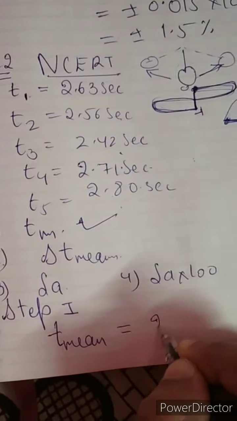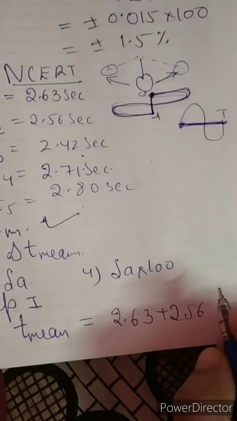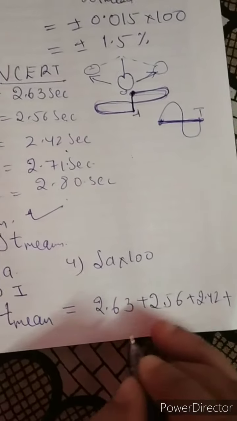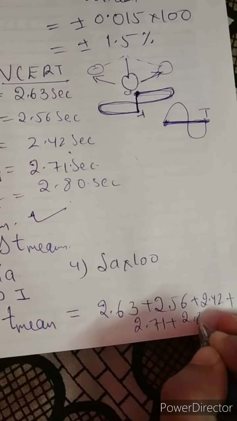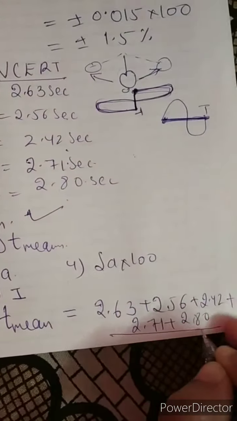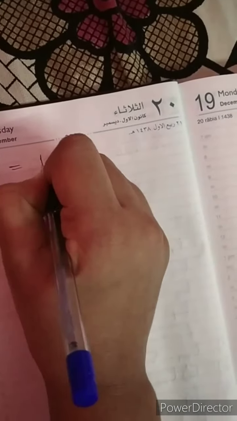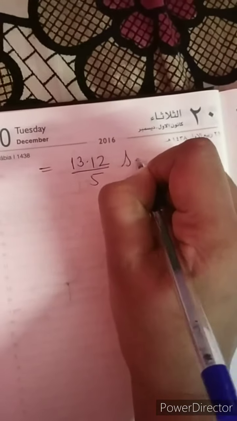T mean is 2.63 plus 2.56 plus 2.42 plus 2.71 plus 2.80, and you divide all this by 5. When you add these up, you get 13.12 divided by 5 seconds.